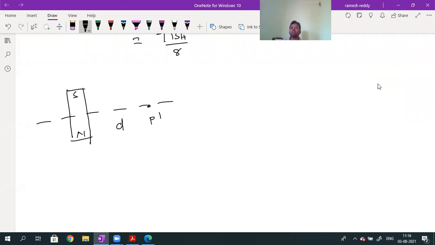On the equatorial line, this is the direction of BH, and the direction of B equatorial is from north to south. Since BH and B equatorial are both in the same direction, the resultant BP dash is BH plus B equatorial, which can also be written as BH plus BA divided by 2.